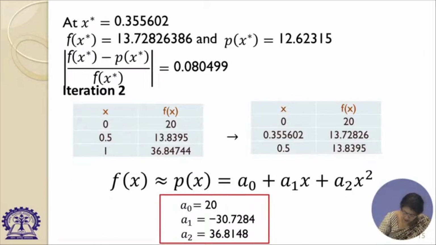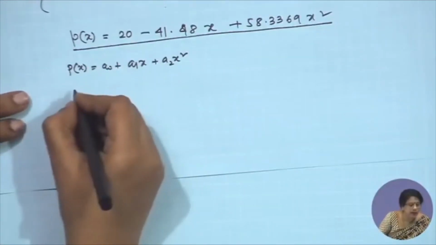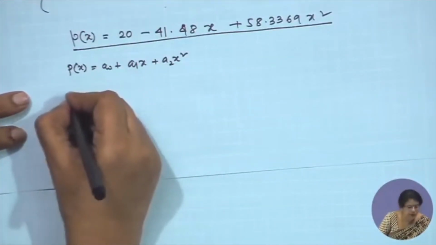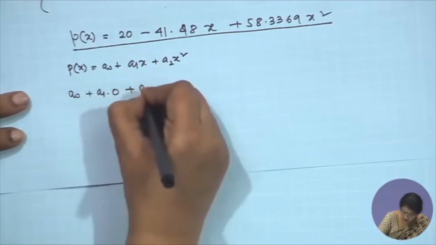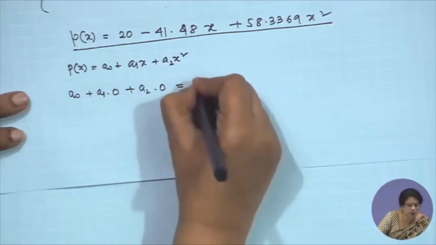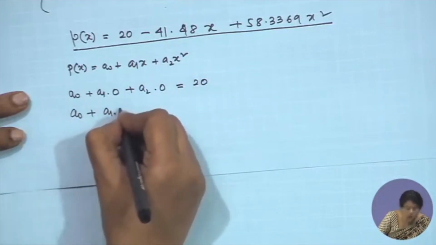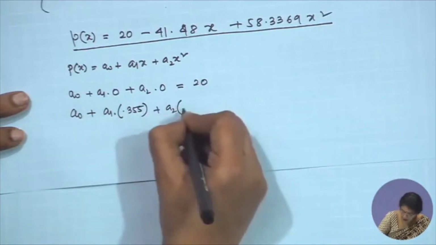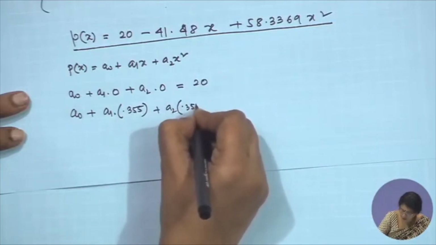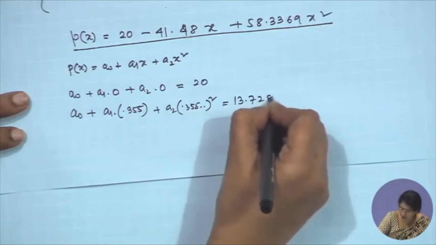We have the polynomial p(x) equal to a naught plus a1 x plus a2 x square. Then a naught plus a1 into 0 plus a2 into 0 is equal to 20. a naught plus a1 into 0.355 plus a2 into 0.355 square is equal to 13.728.